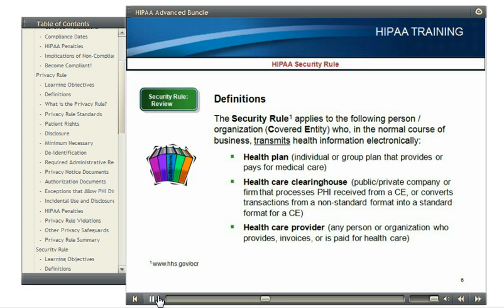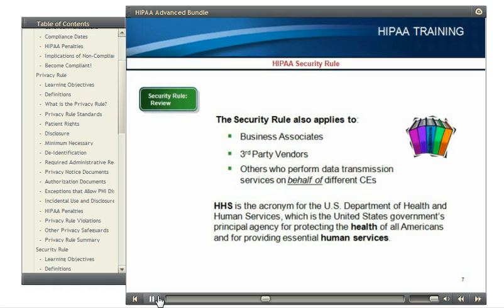Healthcare provider, any person or organization who provides, invoices, or is paid for healthcare. The security rule also applies to business associates, third-party vendors, others who perform data transmission services on behalf of different CEs.